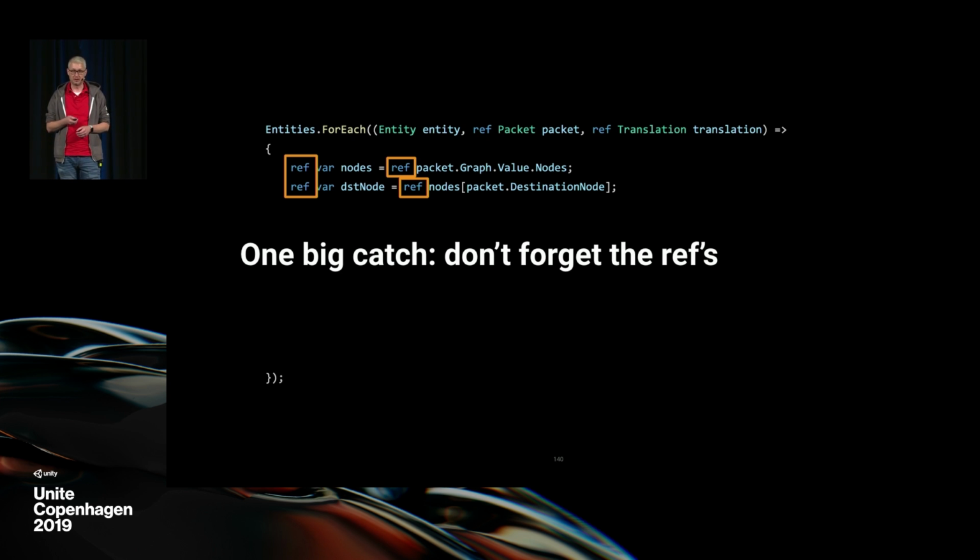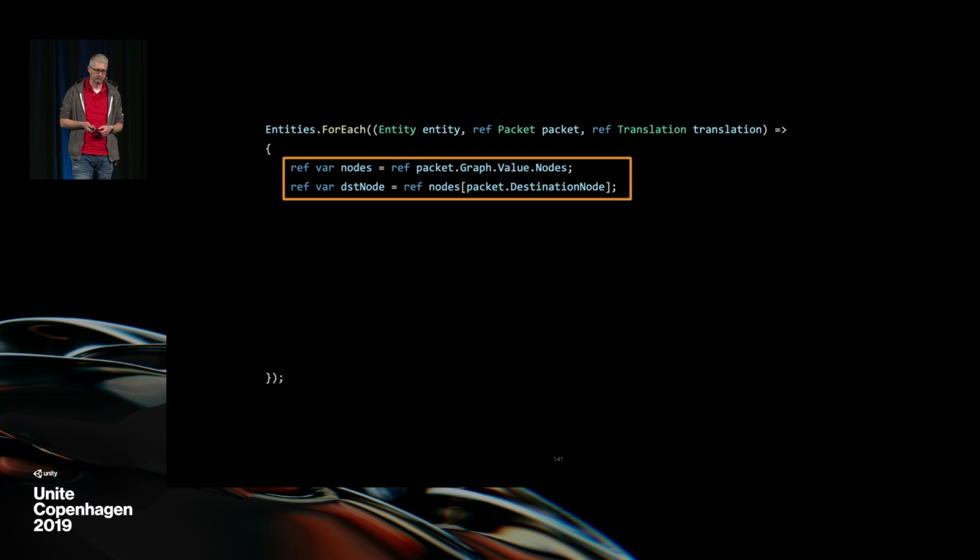This is a big cause of errors. So what we want to do is make this a compile error, and we'll be working on that. We now have a hook in the compiler, so we can actually detect when you do this and trigger an error right there. But for now, please remember this.